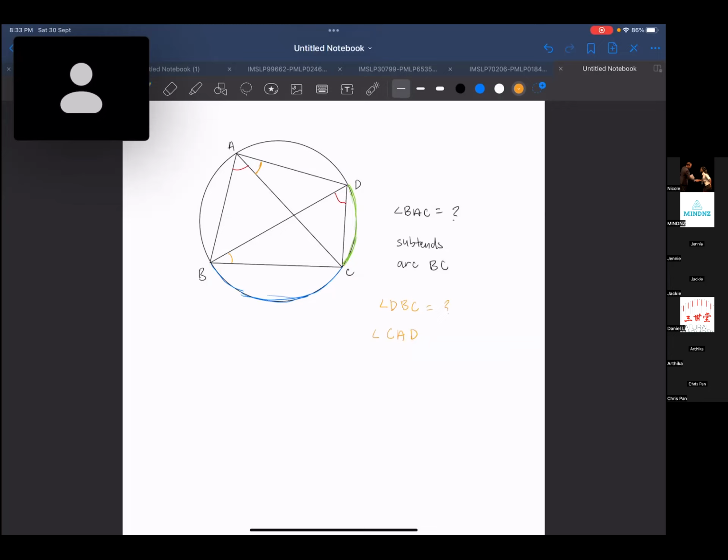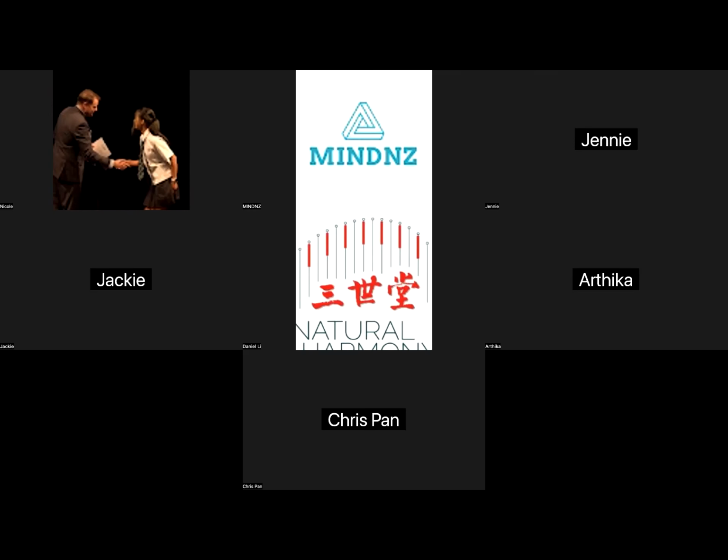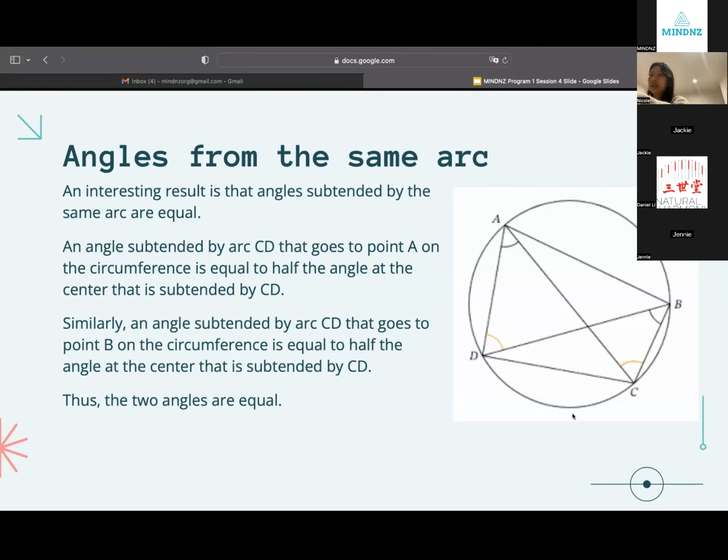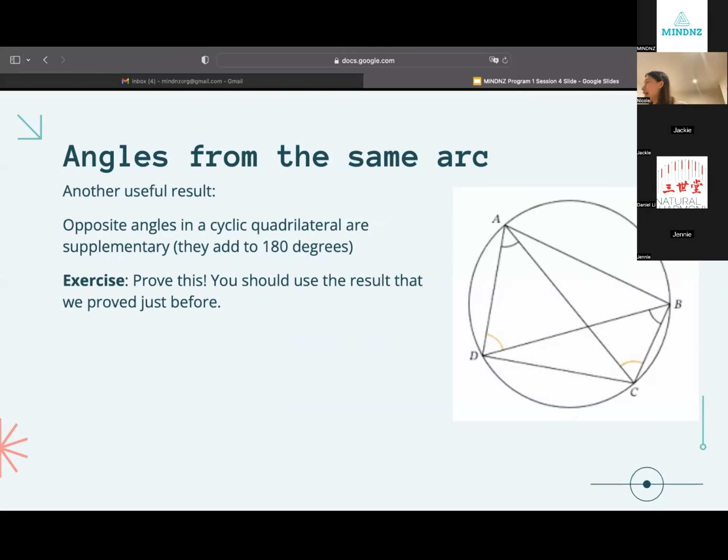Okay, awesome. So I will just quickly share again. What I want to show now, which I think is really useful, is that opposite angles in a cyclic quadrilateral are supplementary.